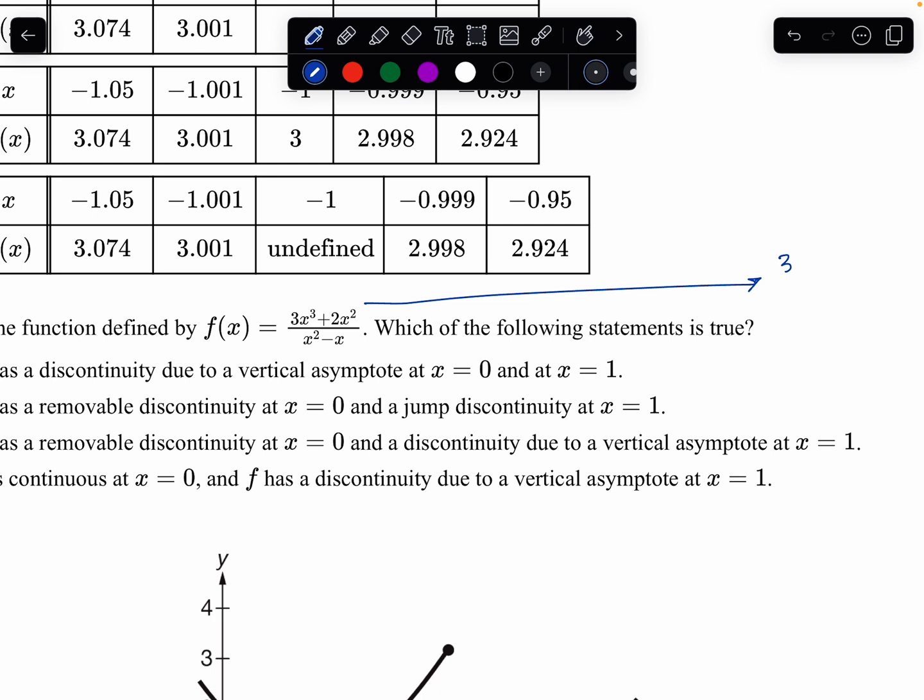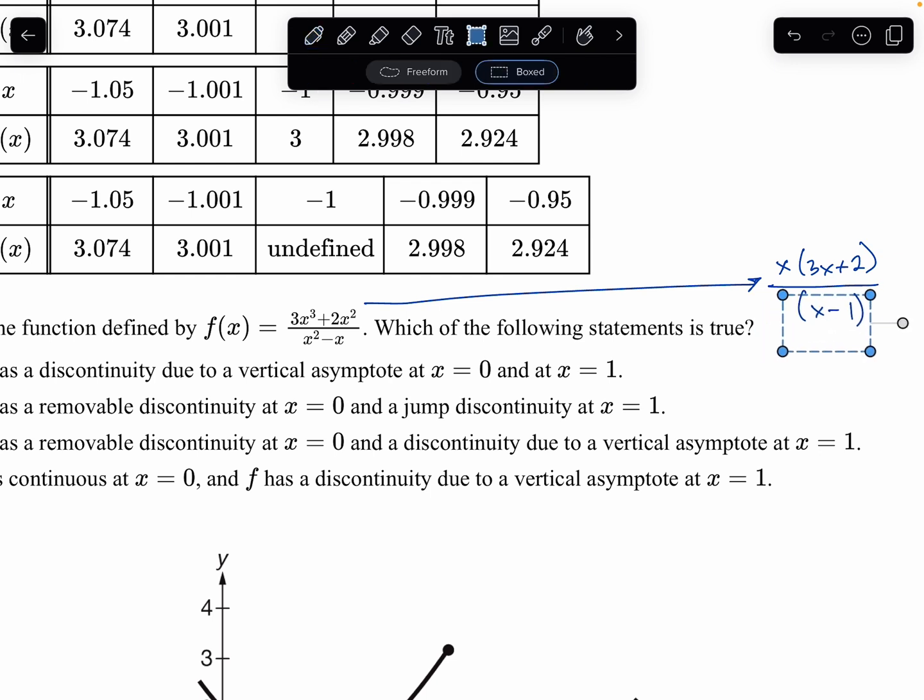So pretty much you'd have, let's say we have x, but then we'd have 3x plus 2. And then here we would have x minus 1.